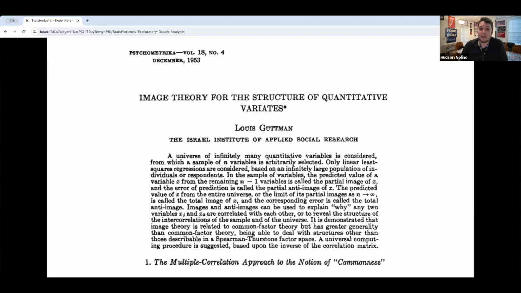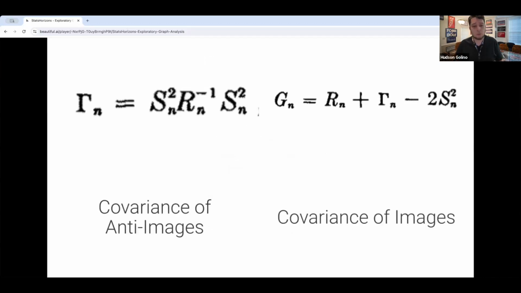But we can go back a little bit in time. In 1953, Louis Guttman published his image theory analysis. And basically what he proposed was to decompose the covariance matrix into the covariance of anti-images and the covariance of images.